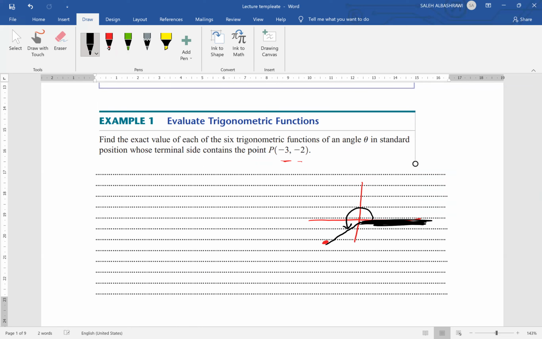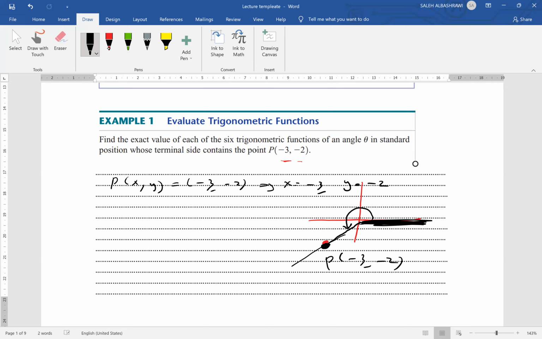But the terminal side will contain the point (-3, -2). It means that B, which is given by (x, y), has x equal to -3 and y equal to -2.